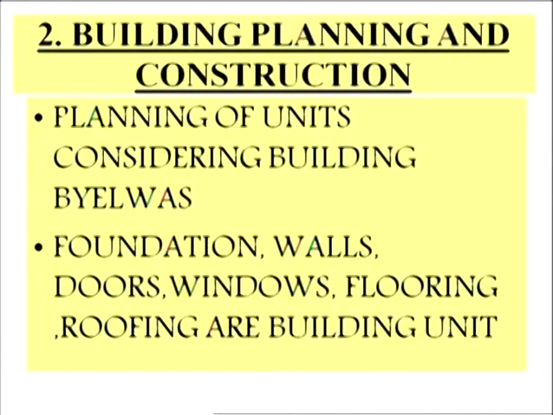After surveying, the second branch of civil engineering is building planning and construction. As I have told you, buildings are of prime importance to civil engineers. Different types of buildings are to be planned according to the function that particular building is going to serve.